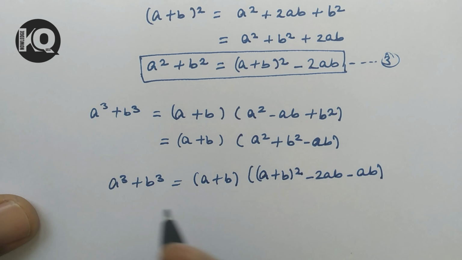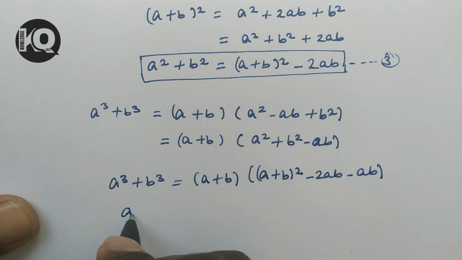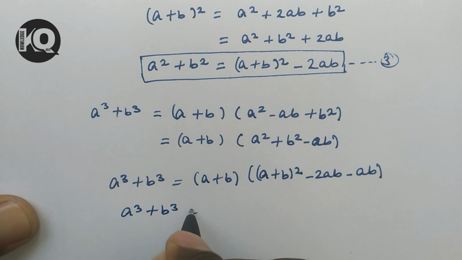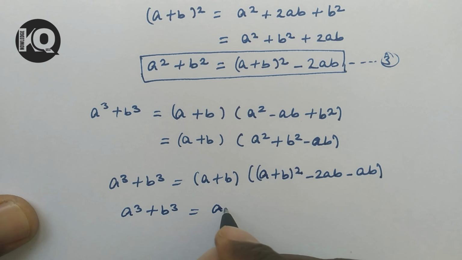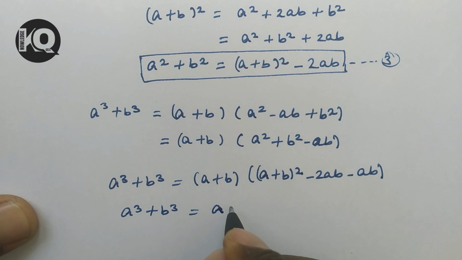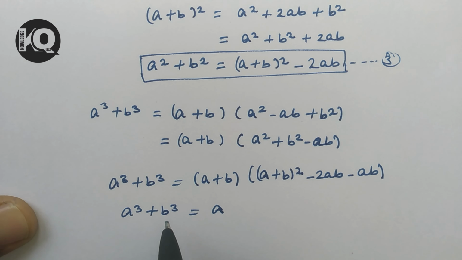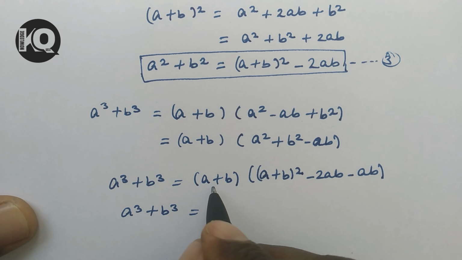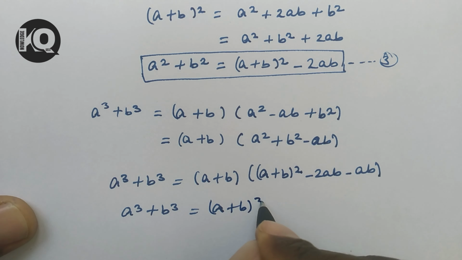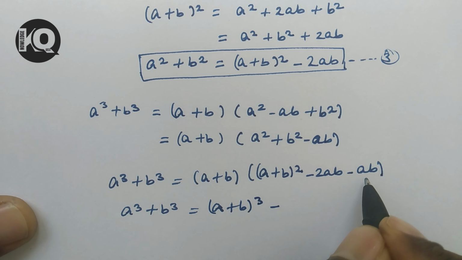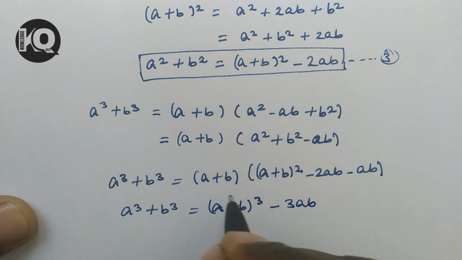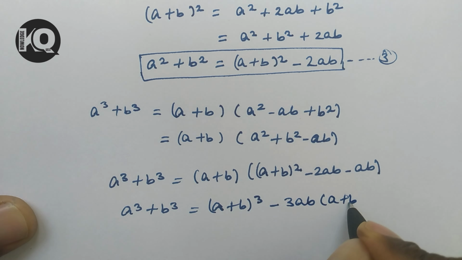Now let's distribute a plus b. So a cubed plus b cubed is equal to a plus b times a plus b squared, which is a plus b cubed, minus 2 times ab minus ab, which is 3 times ab, times a plus b.